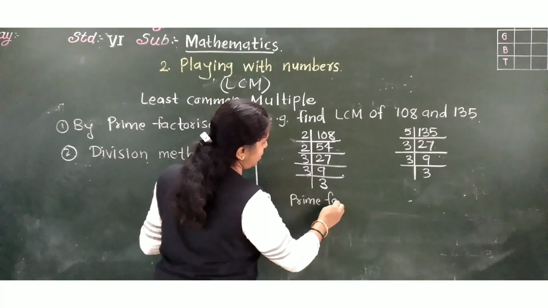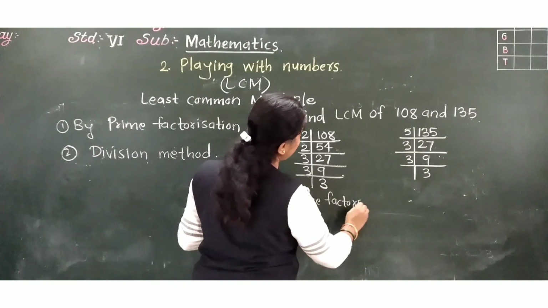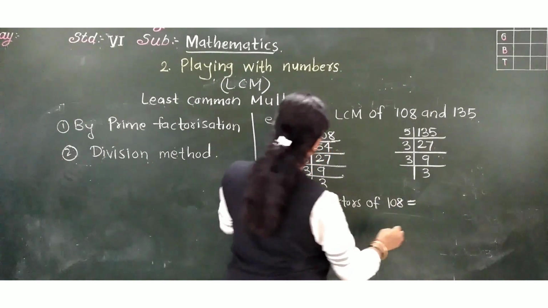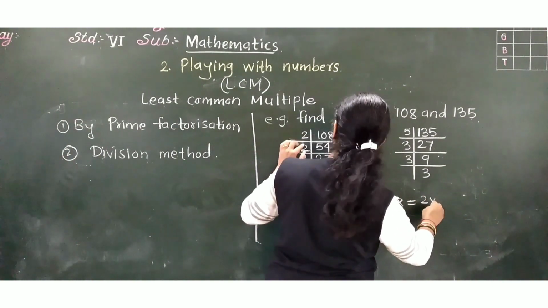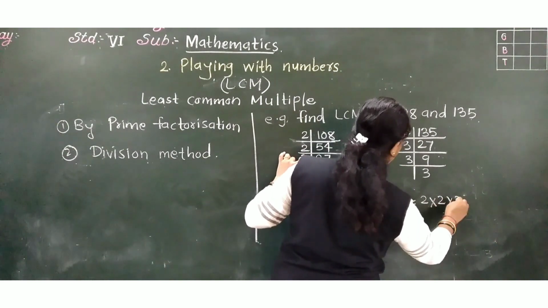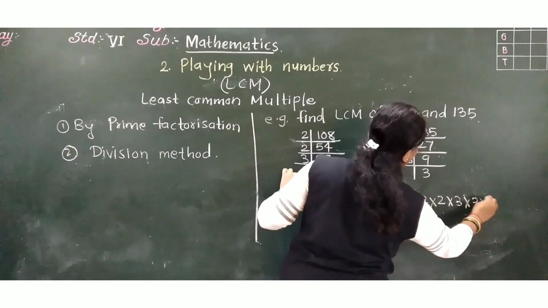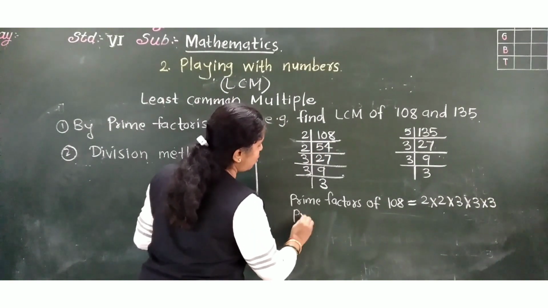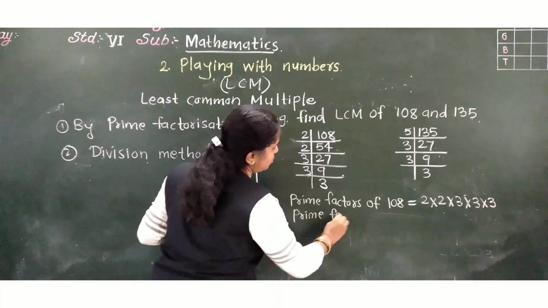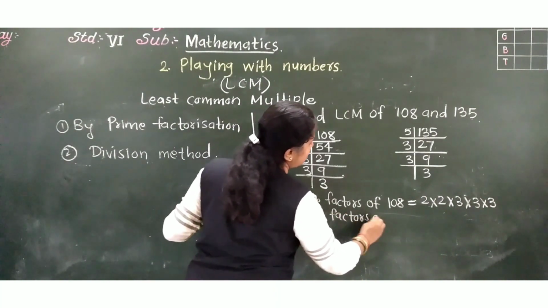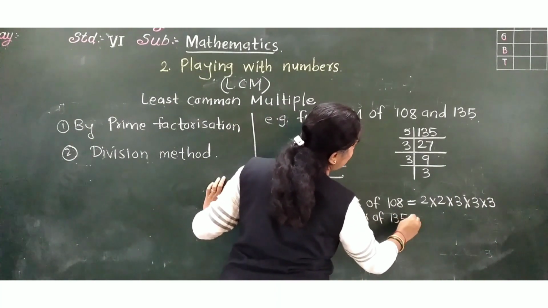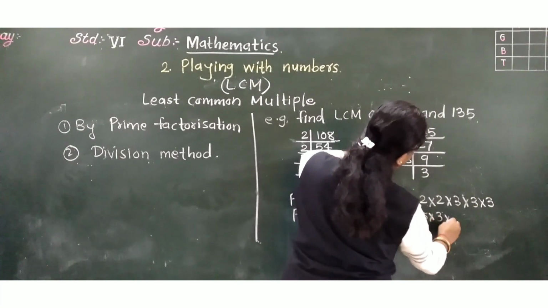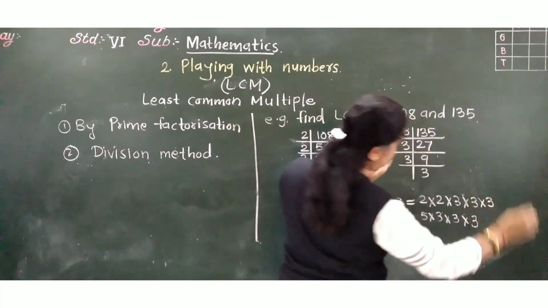Now write: prime factors of 108 is equal to 2 into 2 into 3 into 3 into 3. Prime factors of 135 is equal to 5 into 3 into 3 into 3.